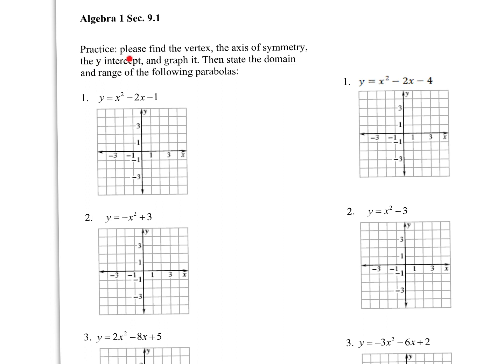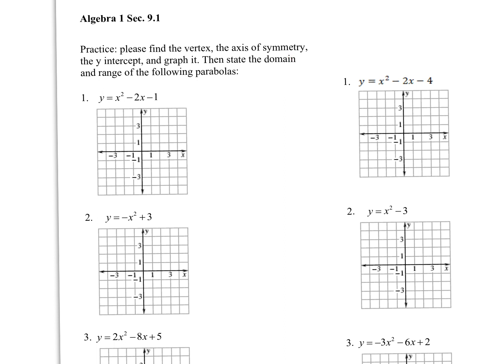We could also find the y-intercept. How do you find the y-intercept? You set x equal to 0 and solve. And then using your vertex, using your axis of symmetry, and using your y-intercept, you could graph it. If you wanted to, you could also use the pattern to get a more detailed parabola if your a value is 1.